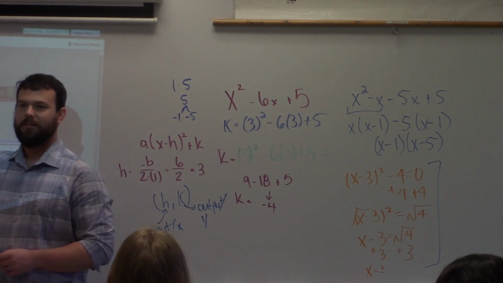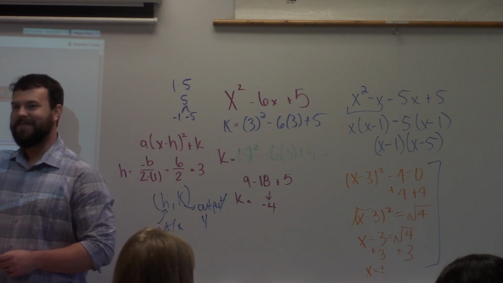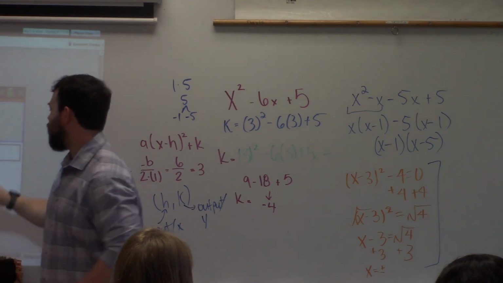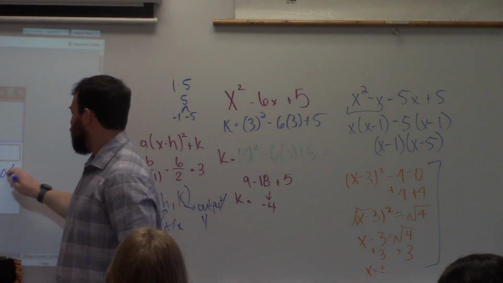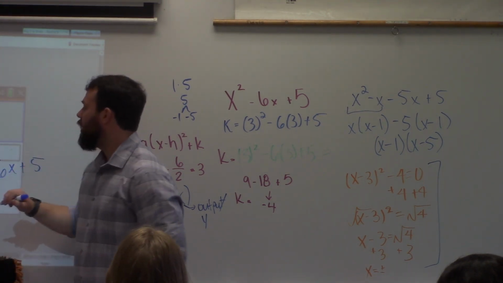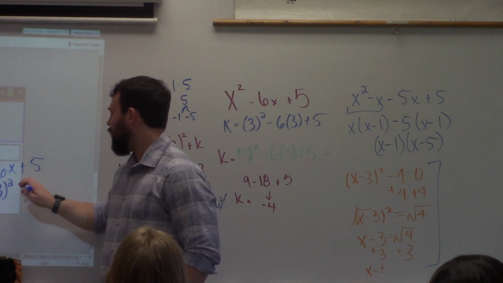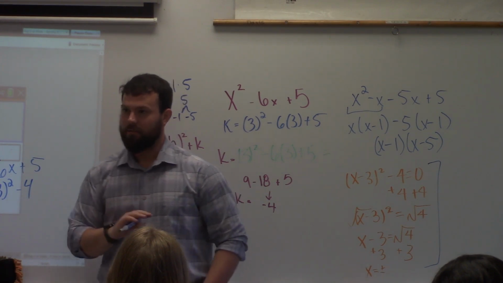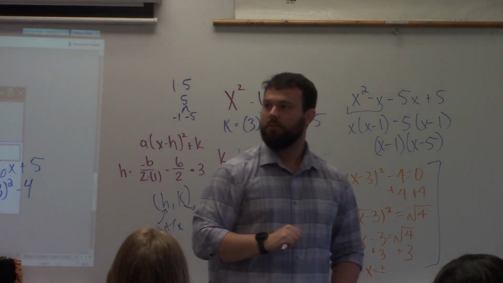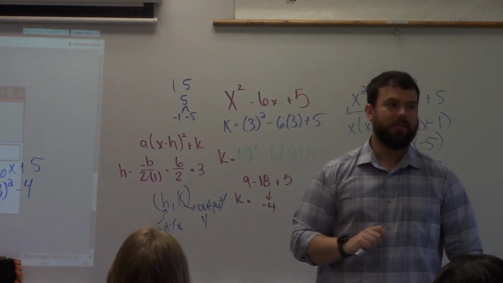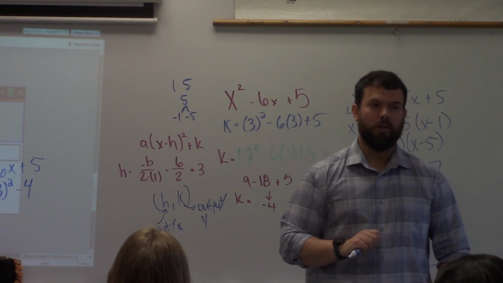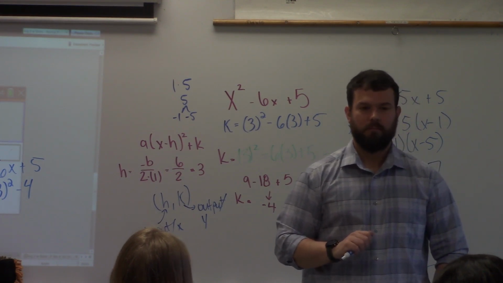There is no equation. We made it one, but did I ask you to make it one? Nope. Remember, this is just x squared minus 6x plus 5. Be careful and pay attention to that. x minus 3 squared minus 4. That's where we should have stopped. That was it. x minus 3 squared minus 4. We just want a vertex form. Okay?